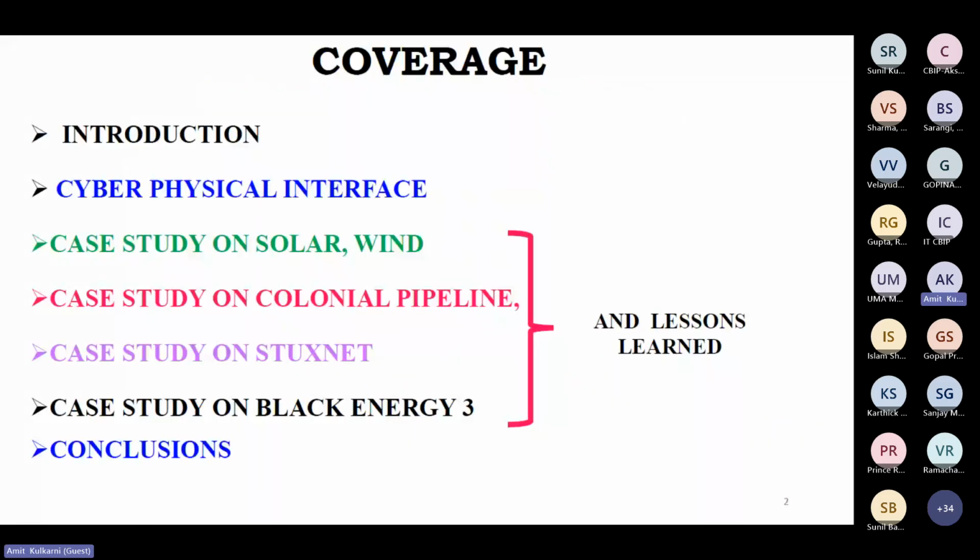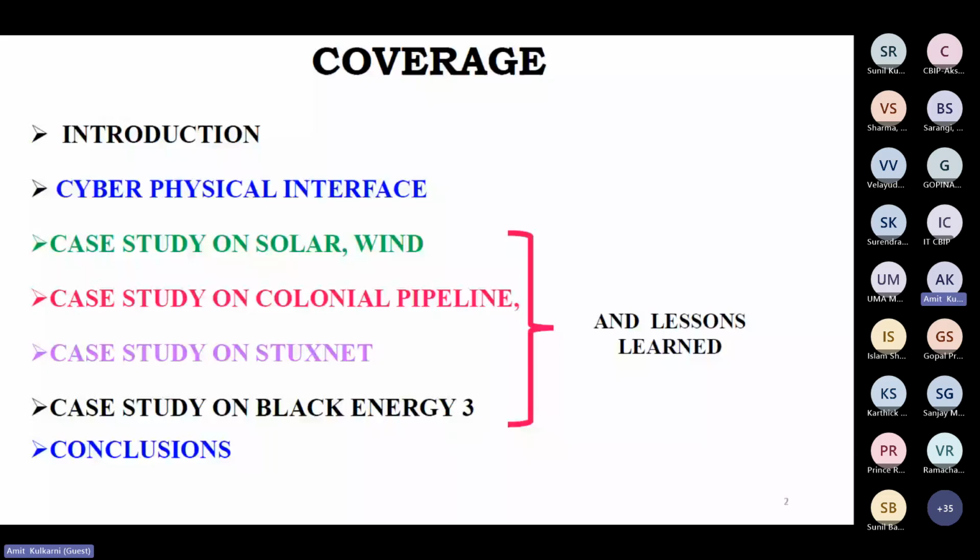The things which I'm going to cover or focus on: firstly, an introduction. Then I'll begin with the cyber physical interface. Though this part was not mentioned in the brochure, I requested CBIP to include it.